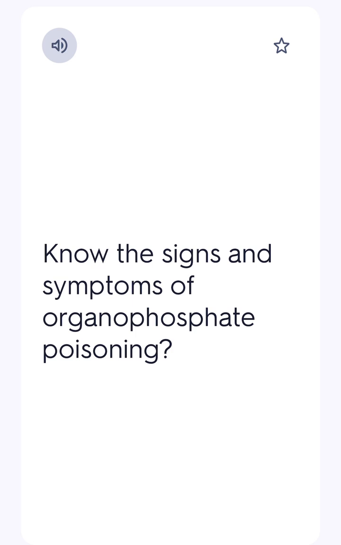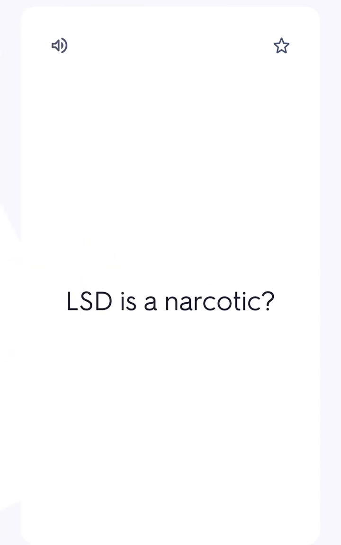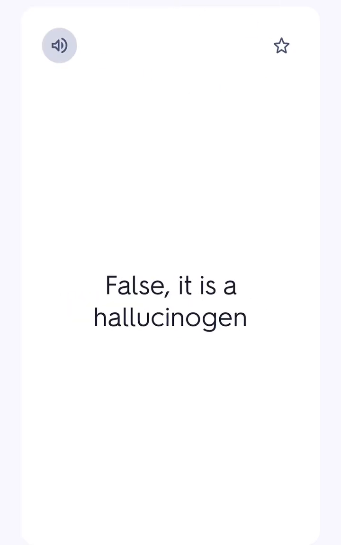Know the signs and symptoms of organophosphate poisoning? Tremor, sialorrhea, miosis, and diaphoresis. LSD is a narcotic? False, it is a hallucinogen.